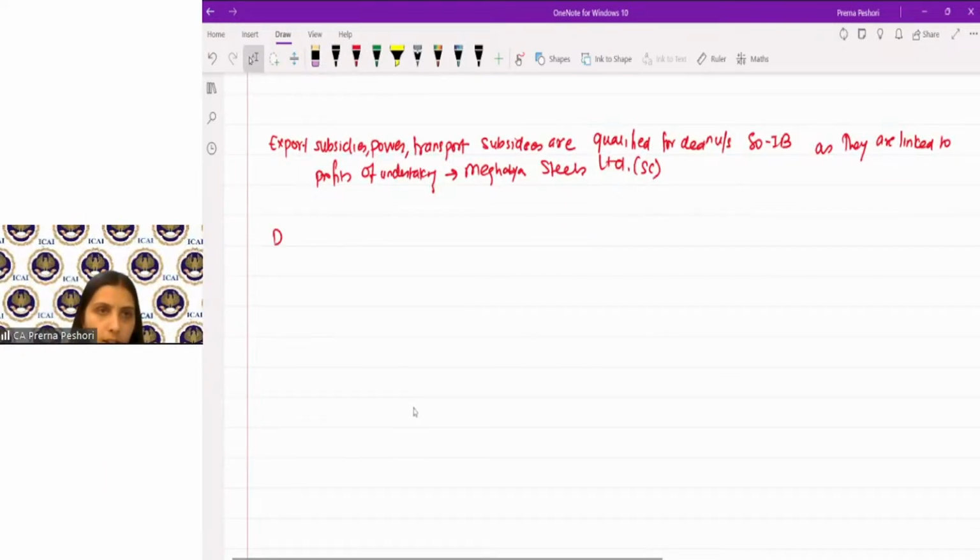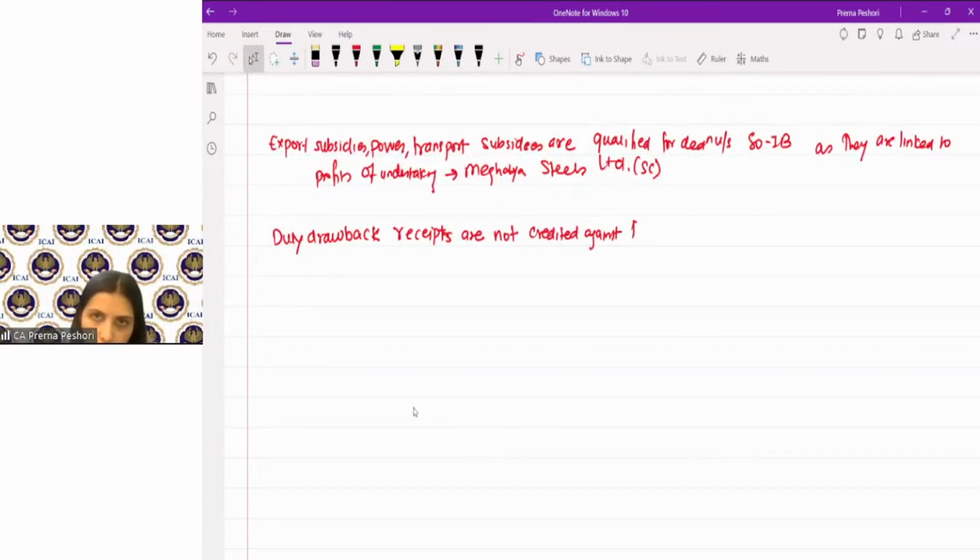Duty drawback receipts are not credited against the cost of manufacturing.